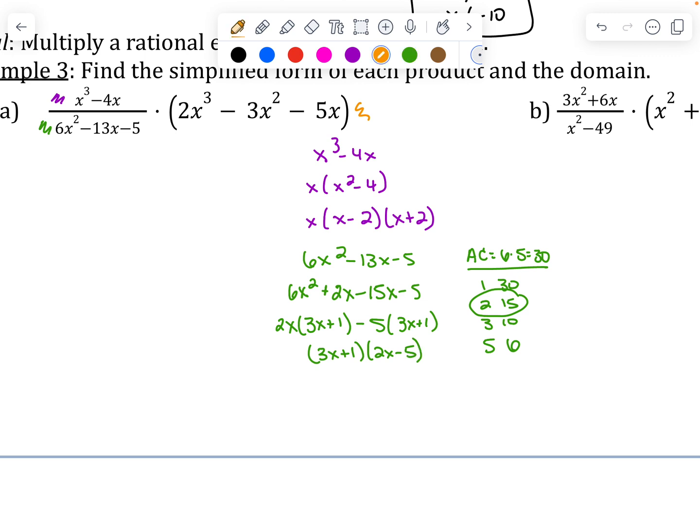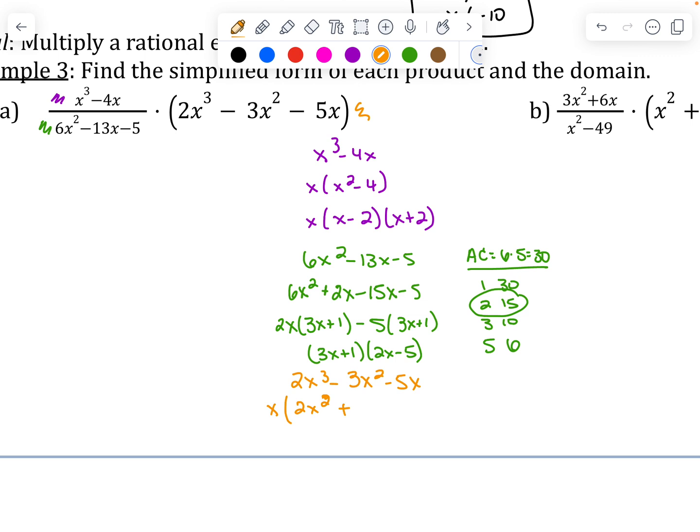Orange, same thing. You're going to have to AC factor that. Actually, before I AC factor it, I'm going to obviously have to factor out the x. But we're going to do this a little bit at the same time. So looking for the factors of 10 that are going to get me the 3.